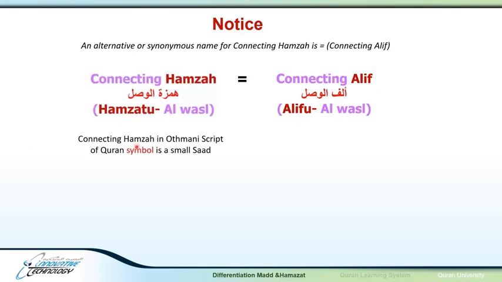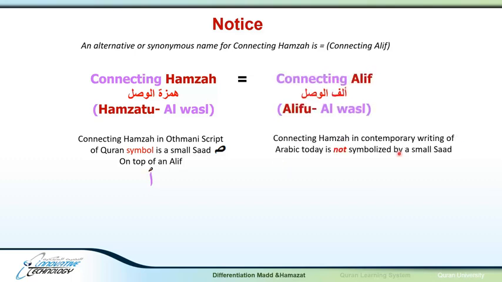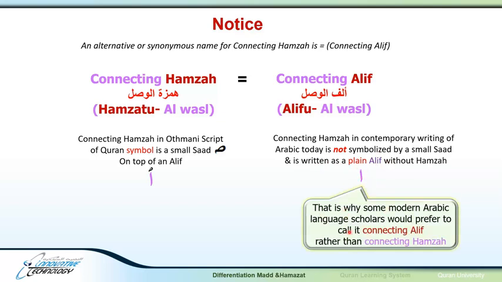The connecting hamza in Uthmani script of Quran symbol is a small sad on top of an alif, while the connecting hamza in contemporary writing of Arabic today is not symbolized by a small sad. Instead, it is written as a plain alif without a hamza. That's why some modern Arabic language scholars would prefer to call it a connecting alif rather than a connecting hamza.